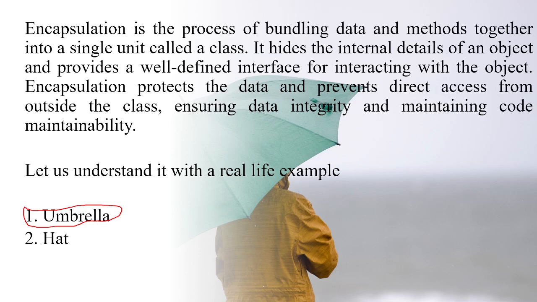Instead, the person can carry a small hat which fits the head and protects itself from the sun rays. By encapsulating the protection mechanism in the form of a hat, the person can easily put it on or take it off when needed. When you require it, you put it on. When you don't require it, you can remove it.